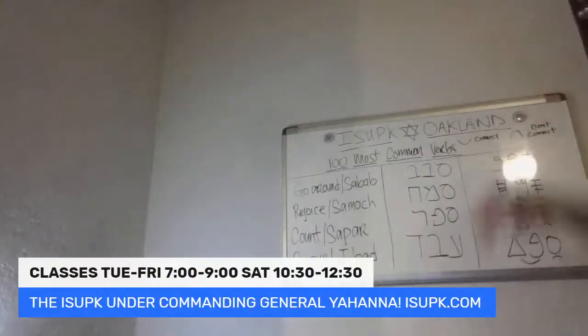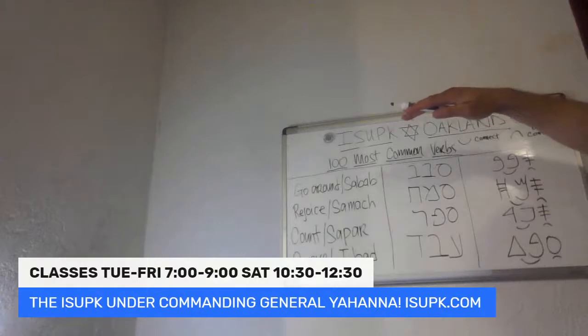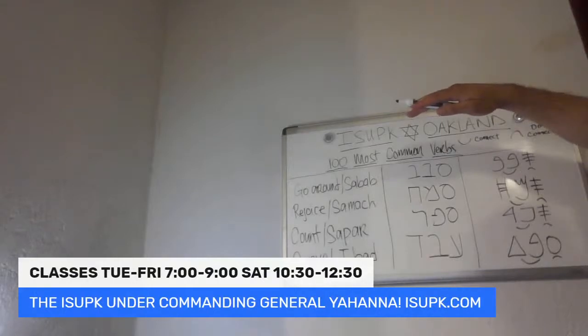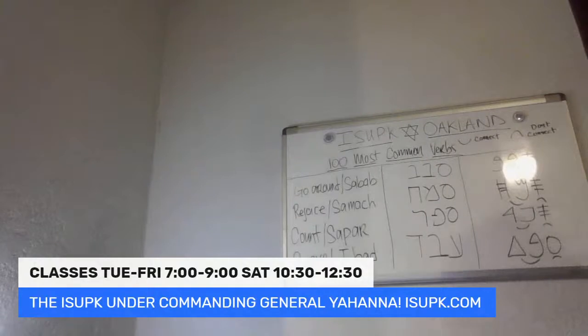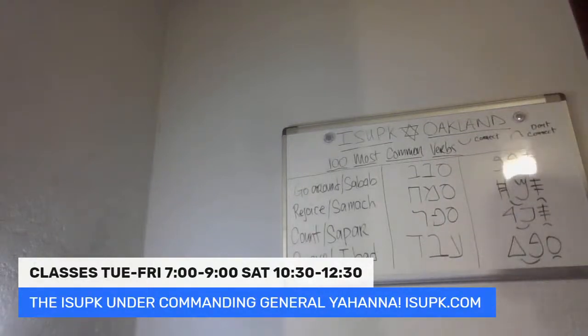Cool. So go around is sabab, sa, ba, and a ba. The sa is not connected. The two bars are connected. Rejoice, which is samak. Samak. Count is sapar.